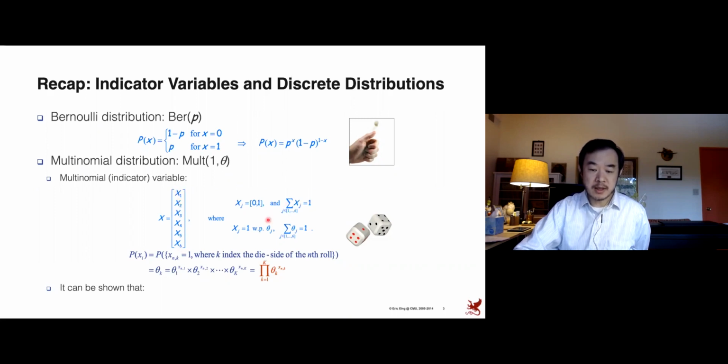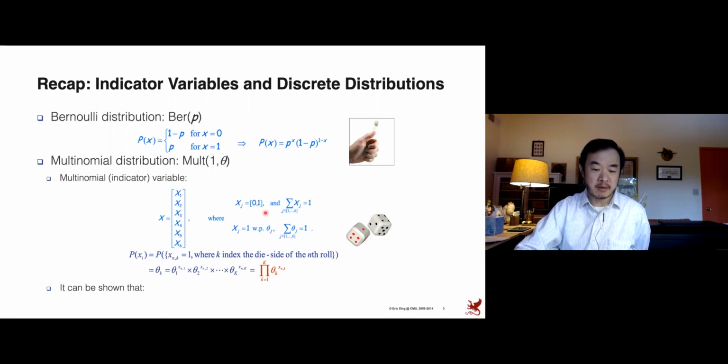Then you put a constraint that only one of these dimensions can take a non-zero value and the others have to be all 0. And then that particular event of non-zero for each dimension takes a probability of theta j, where j is the dimension. And then you have a clean way of describing a multinomial random variable.